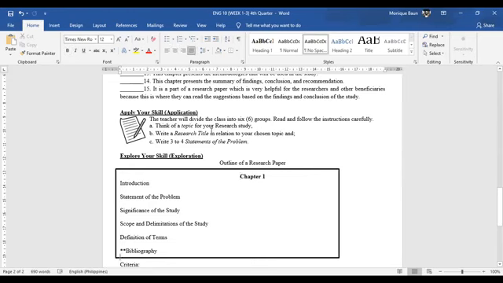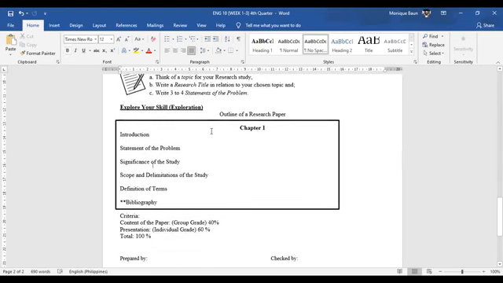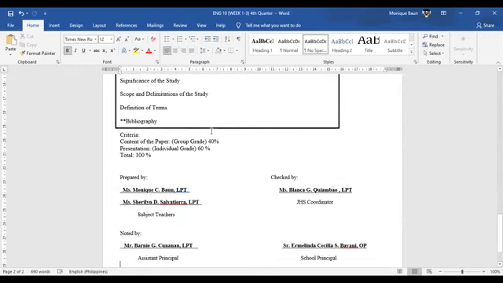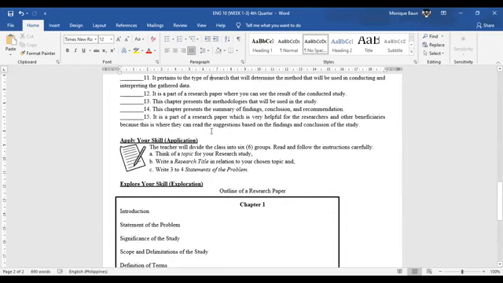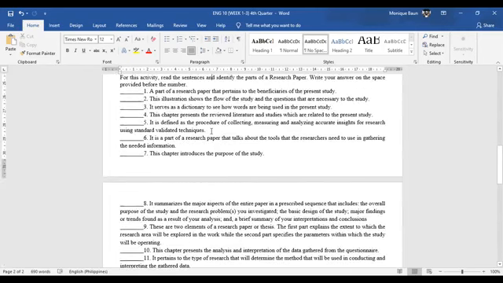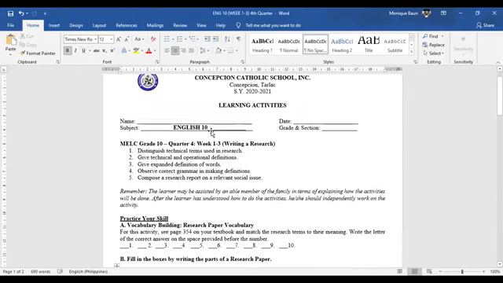For chapter 1, we will be doing the research proposal only. You're going to present chapter 1 only, and that will be submitted in April. Now I'm going to show you an example of a research.